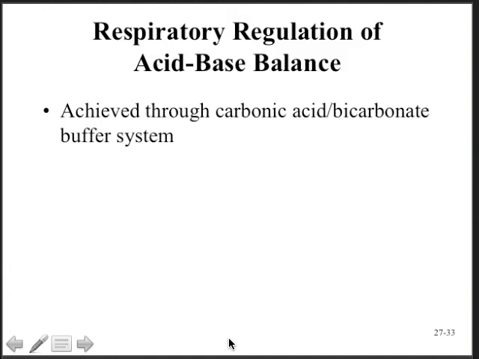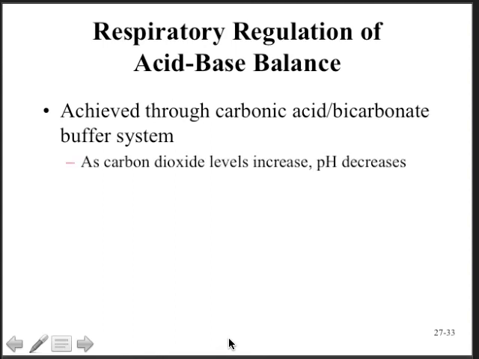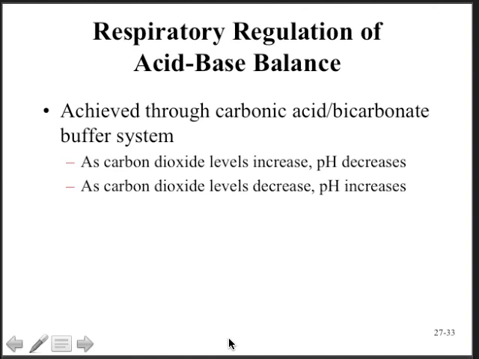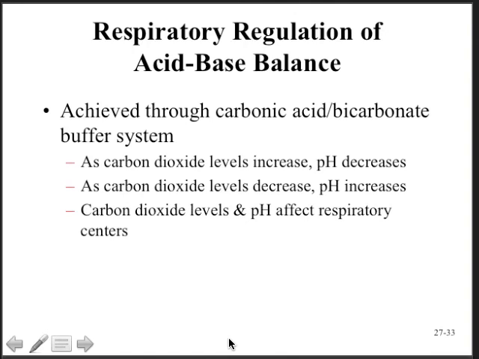So how does the respiratory system play a role in maintaining acid-base balance? The carbonic acid-bicarbonate buffer system is used in conjunction with changing the respiratory rate in order to maintain the pH of the blood. As CO2 levels increase, the pH will decrease, while as CO2 levels decrease, the pH will increase.